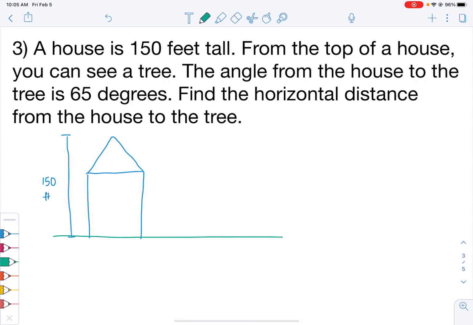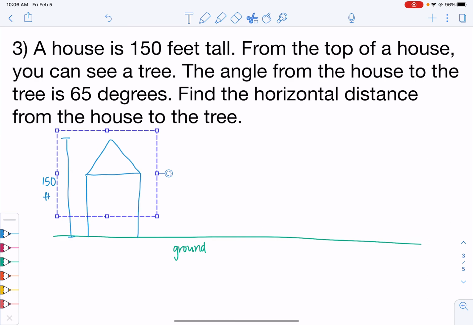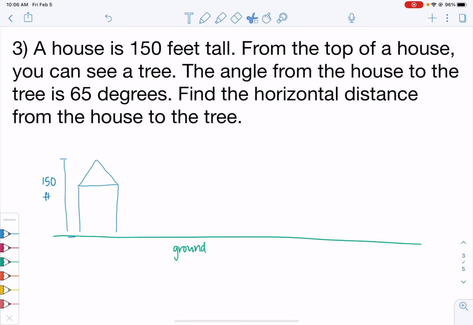Let's put it on the ground. From the top of the house, let's make this a little bit smaller actually. There we go. From the top of the house, so if this is us on the top of the house, we can see a really big tree.